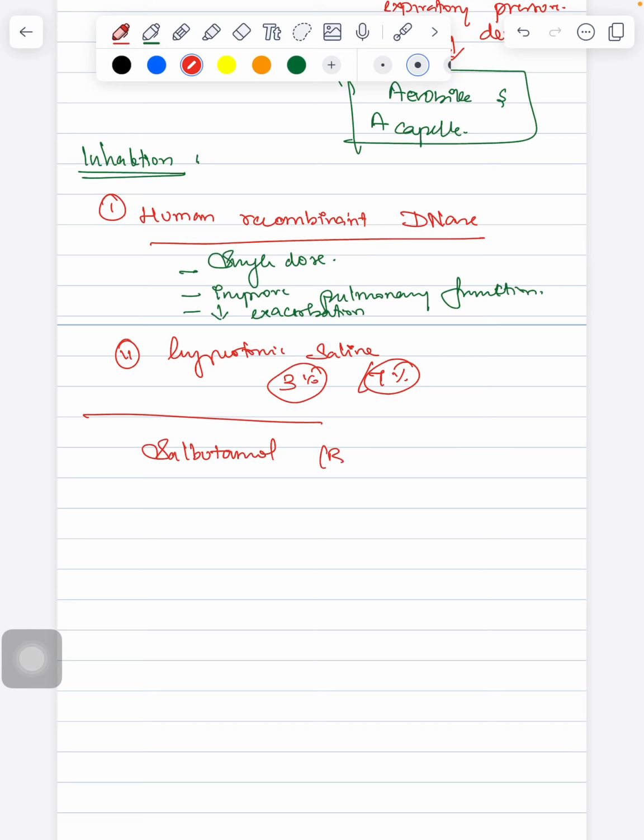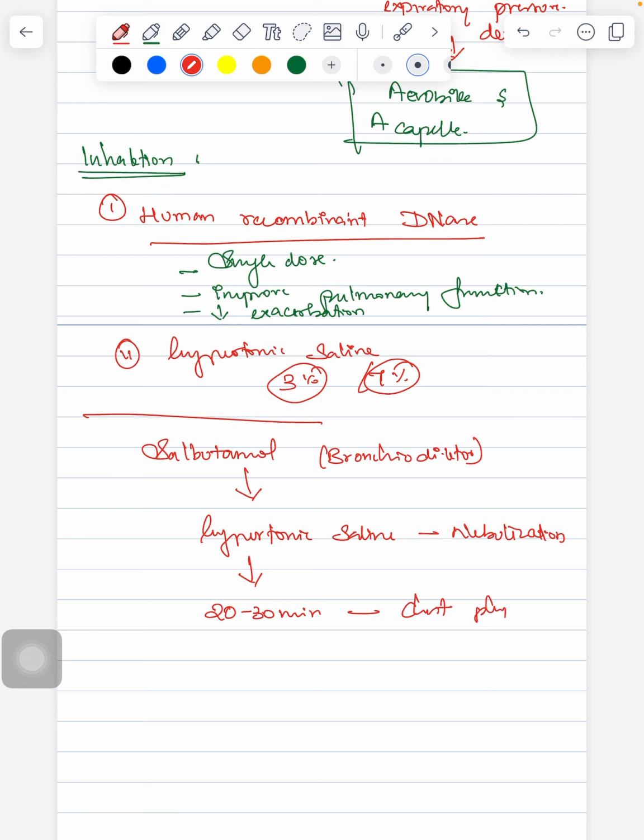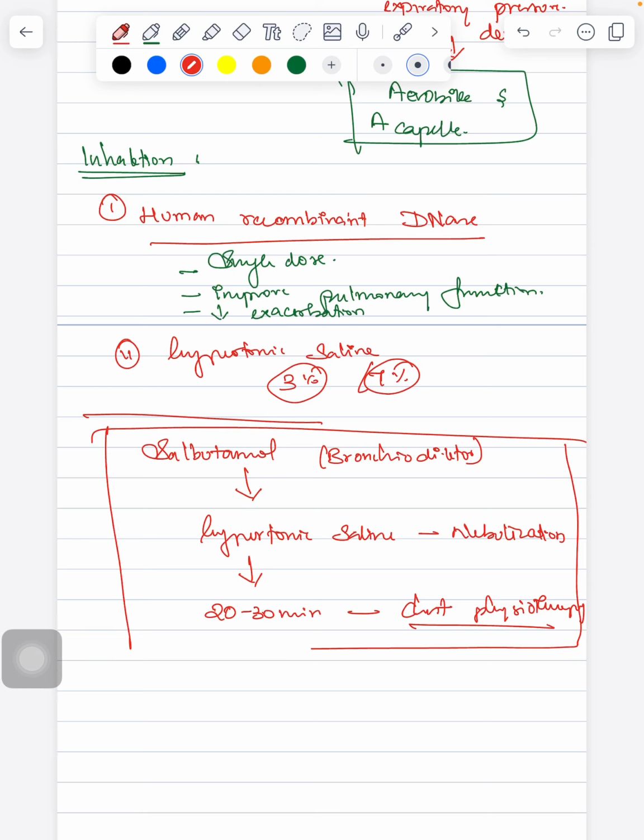Next, you have to give hypertonic saline inhalation through a nebulization process. Okay, this is given through your neb. Next, after around 20 to 30 minutes, you have to do a chest physiotherapy. So this is the way how we are going to clear the mucus secretions or thick mucus that is present in the lungs. Okay, this should be repeated at least 2 to 3 times per day.